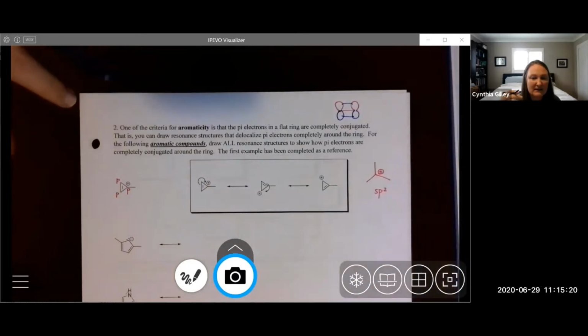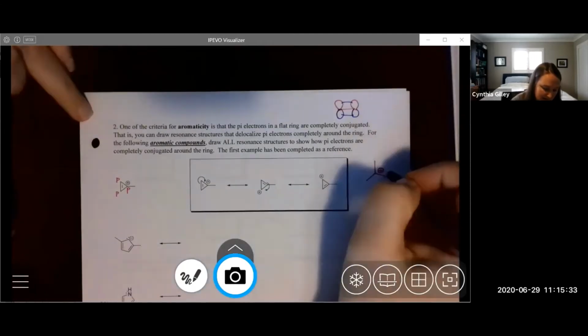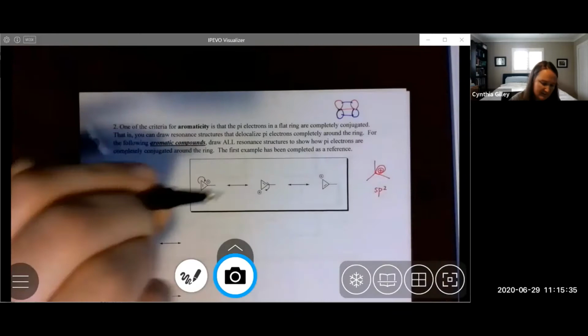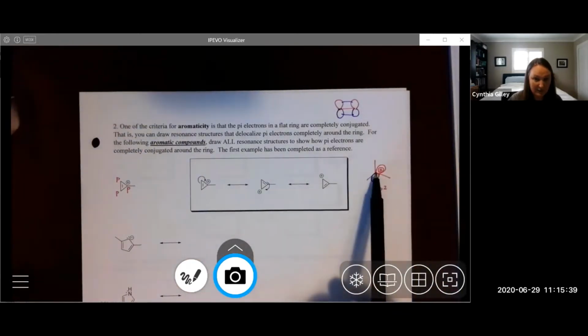That's why it doesn't have an octet, so it only has 6 electrons around it. It's very electron deficient, so we call it a good electrophile. And the key thing to remember here is there is an empty p orbital. It's hard to draw because in reality it'd be coming out of the plane, completely 90 degrees orthogonal to the atoms that are in the plane.